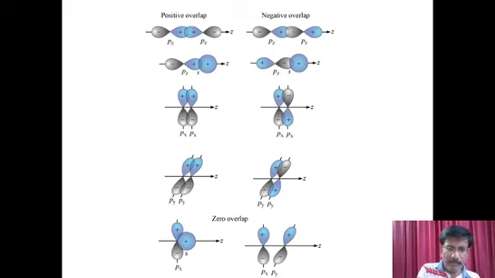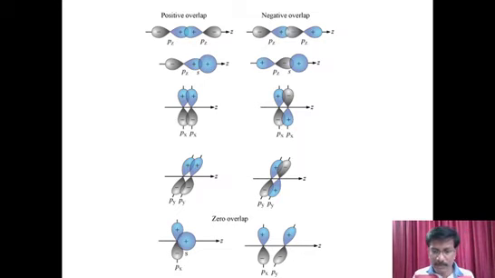Same for py and py, pz and pz. In the last diagram, you can see that an s orbital is interacting at the nodal point. Nodal point means where there is no electron cloud. The orbital is there, but it is interacting at the middle point. If such interaction is taking place, then it is called no bonding or zero overlapping. It is not at all a bond. We cannot say that it will generate any molecular orbital.